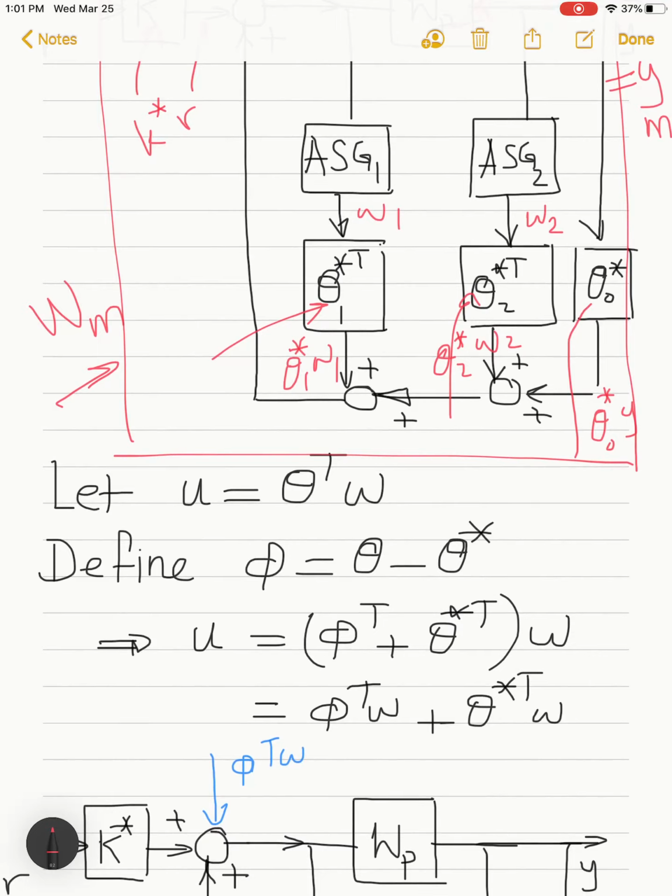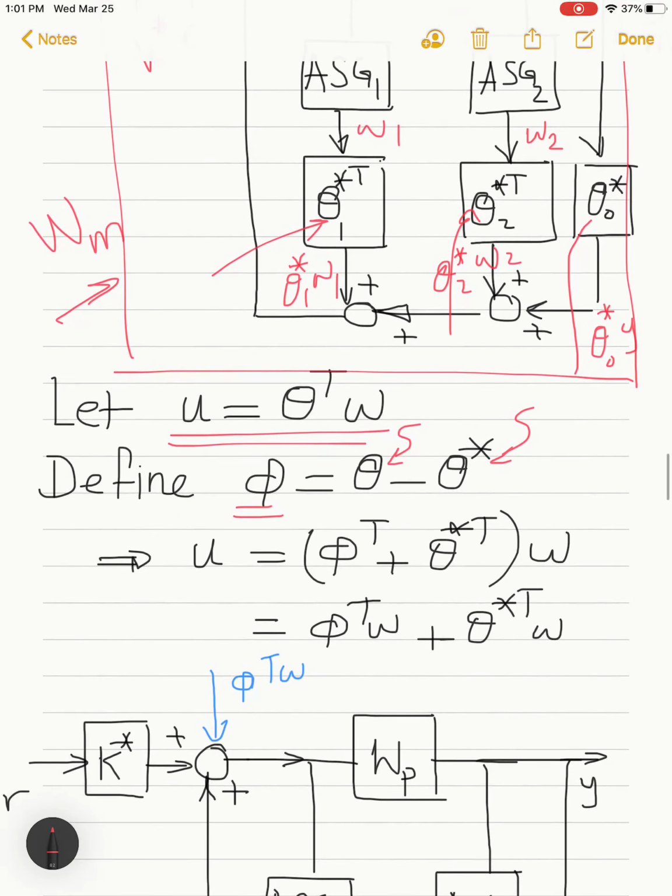So in general, the control signal that would be applied is just theta transpose times omega. And the difference between the used value of theta and the correct values theta star, this would be the parameter errors phi. So in that case, I can write u as phi transpose plus theta star transpose times omega.